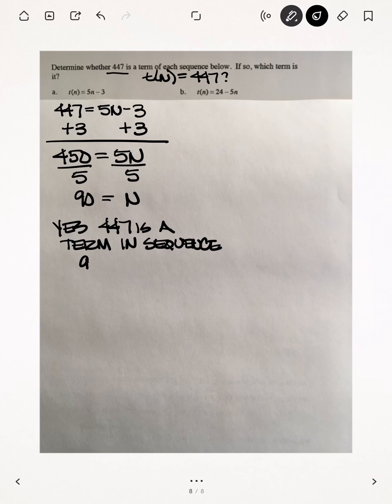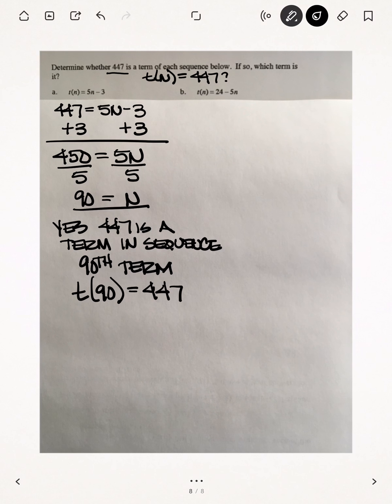It is the 90th term because we found out that n equals 90. We could say that t of 90 does equal 447.